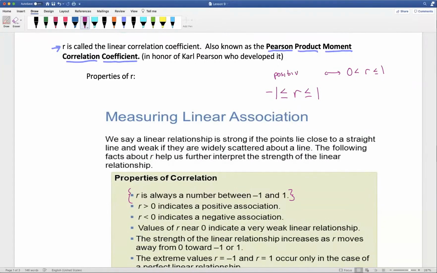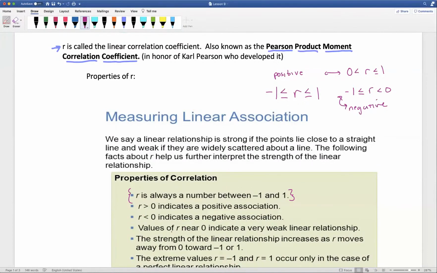What do we mean if we say that there's a positive correlation between two variables? And if R is in between -1 and 0, so that is if R is greater than or equal to -1 but less than 0, then we say that there is a negative correlation.